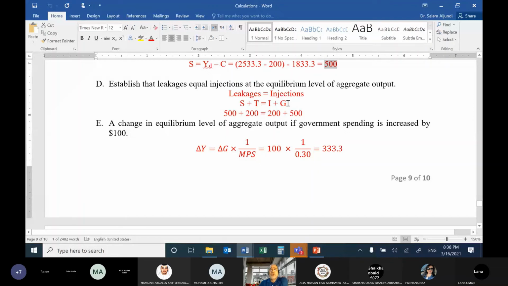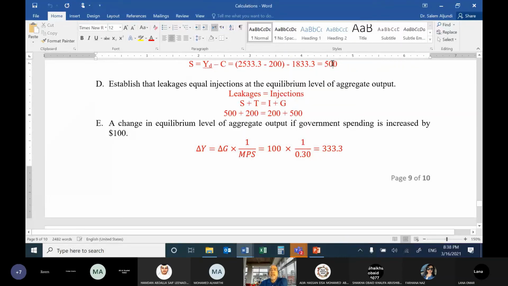Injections are components of aggregate expenditure that go directly to purchase goods produced domestically, which stimulate or encourage economic activity in the country. So investment, purchases by the business sector of machines and housing units, and government spending to purchase goods and services produced domestically.